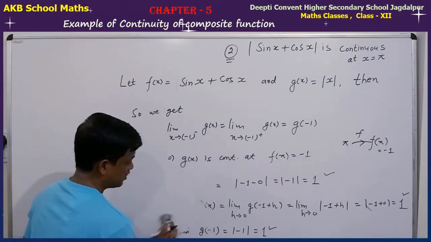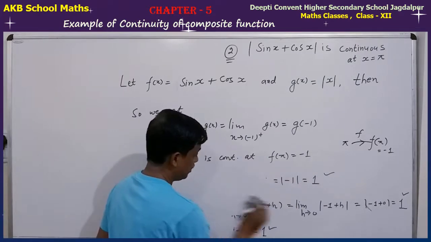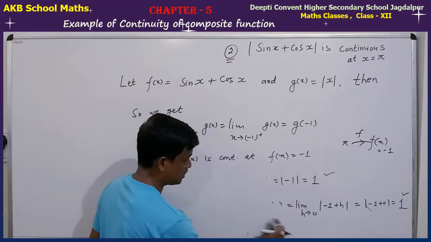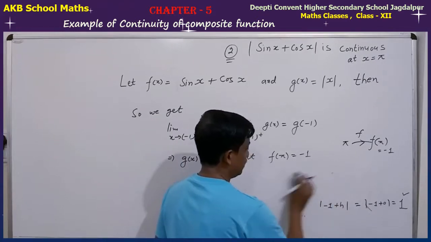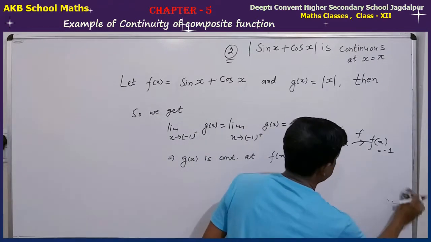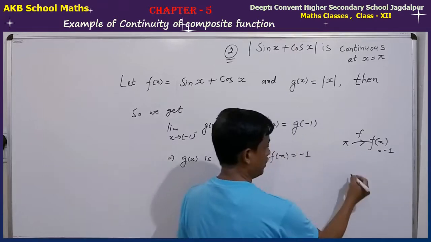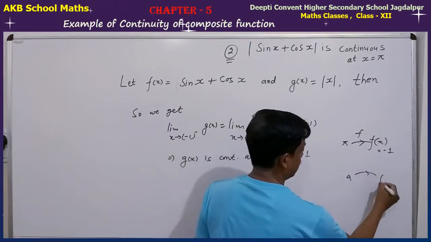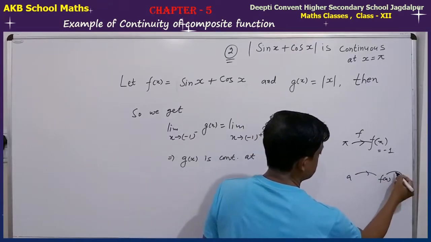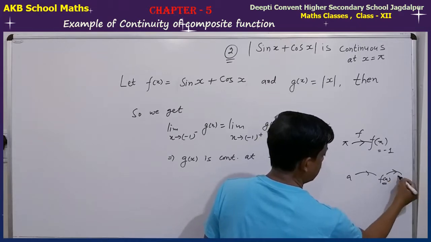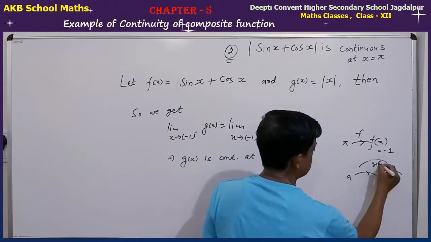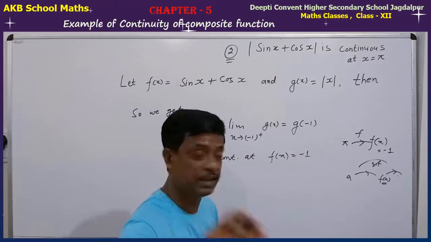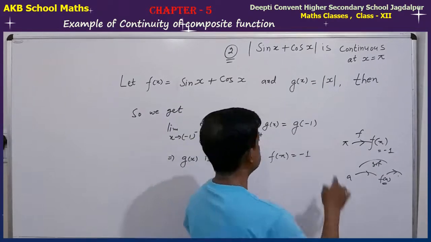Okay. So by using the property: if f is a continuous function at point a, and g is a continuous function at f(a), then g∘f is a continuous function, we know. So here in place of a, we have π.